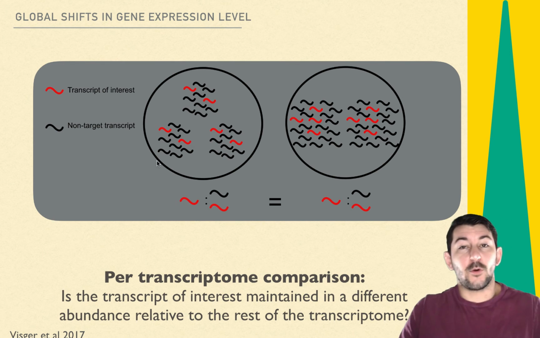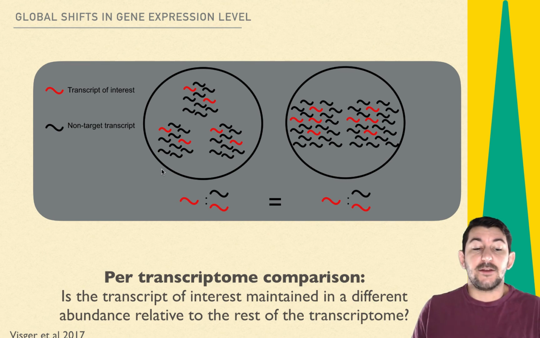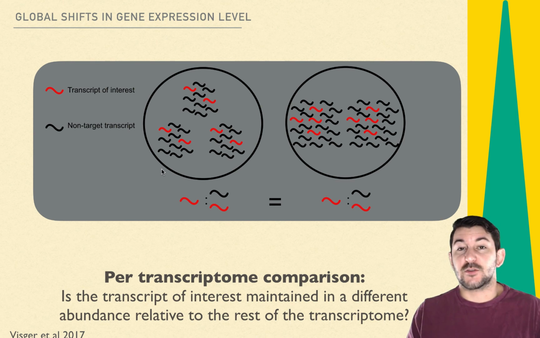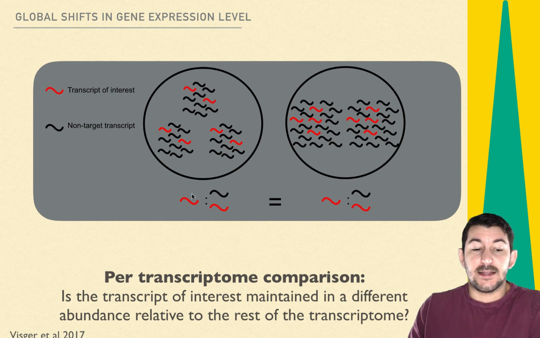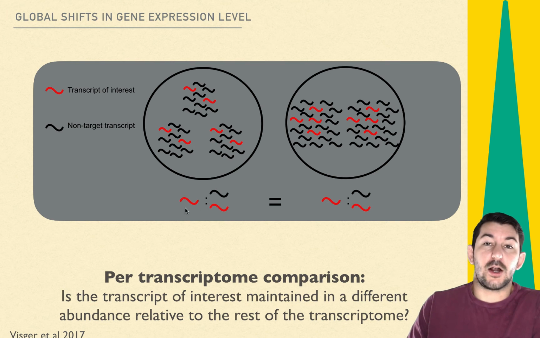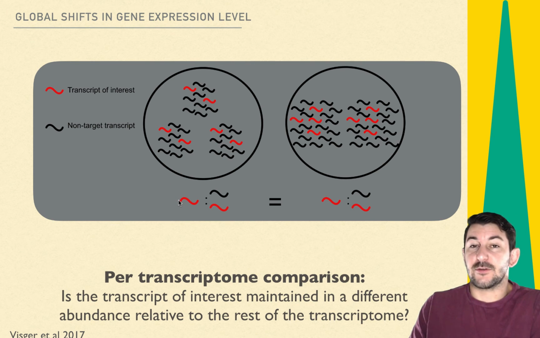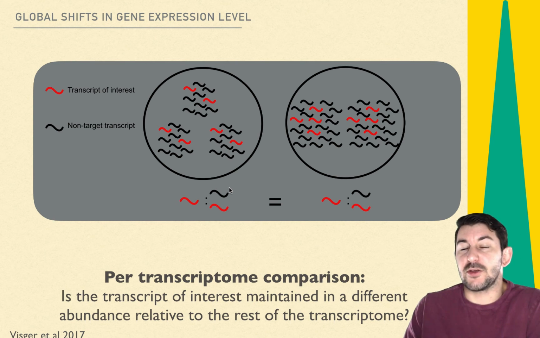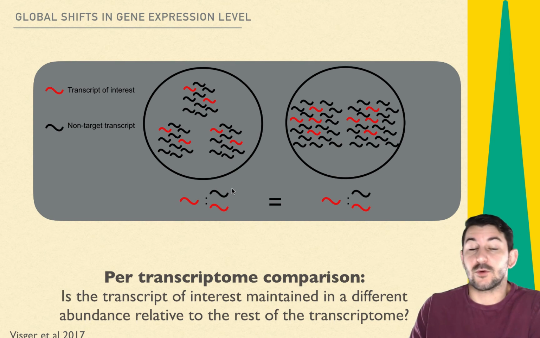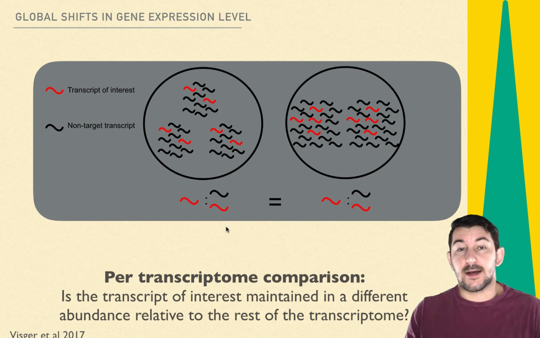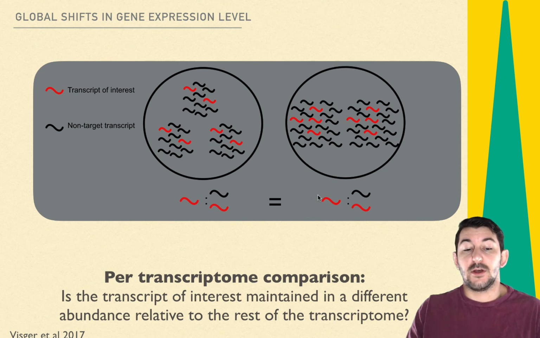We could ignore the spike-ins, remove them from our data set, map them out, and do a regular differential expression comparison where we take the volume of our transcript of interest and divide it by the library size, basically. So this is a transcripts per million, a normal library size normalization, and compare those numbers. In other words, we would be comparing the concentration of red between these two groups.